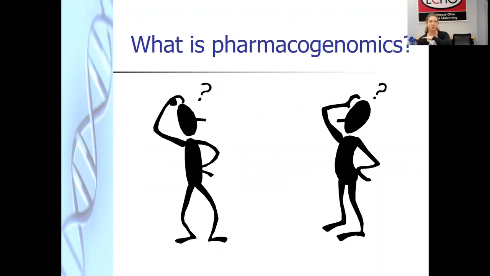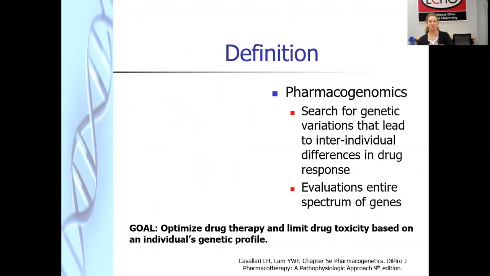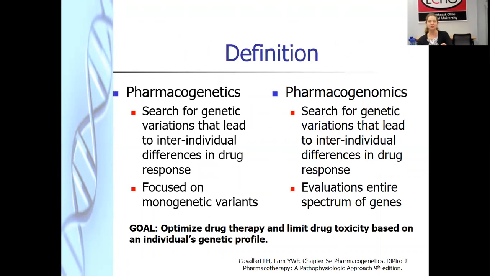So to get started, what is pharmacogenomics? I think this is one of the key buzzwords that's come up quite a bit. So pharmacogenomics is the search for genetic variations that lead to inter-individual differences in drug response, and it's looking at the entire genome. That is different from pharmacogenetics.